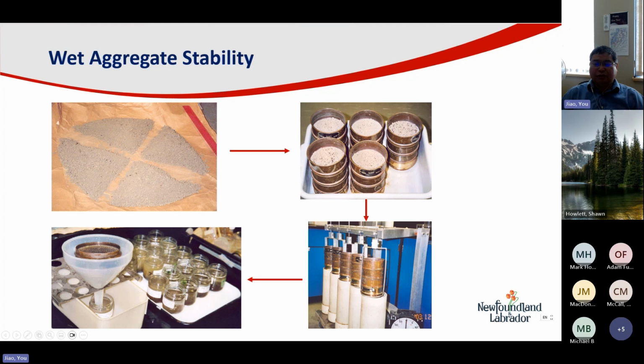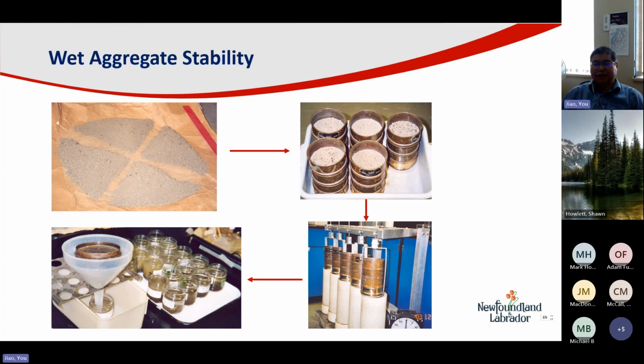Basically there's a motor underneath that brings the set of sieves into the water and back up. We use the clock to control the 5 minutes, then take out the contents from each sieve, put them in a glass jar, and measure exactly what the percentage is in the different openings, either the big chunks or smaller chunks.